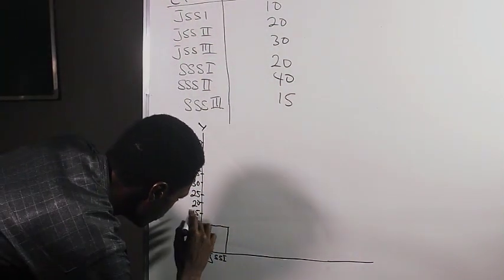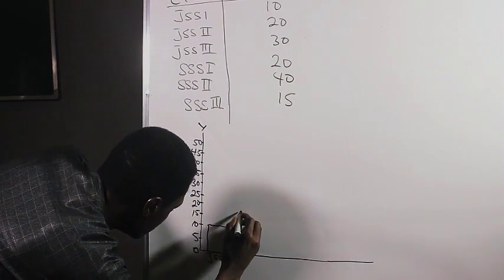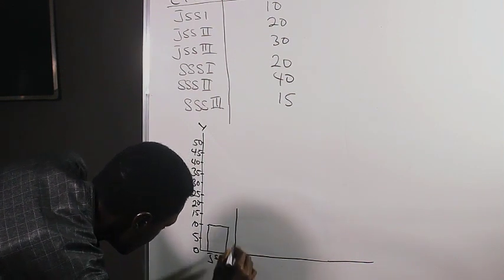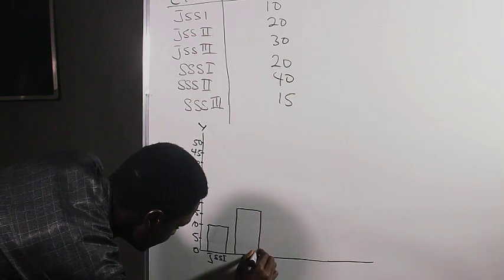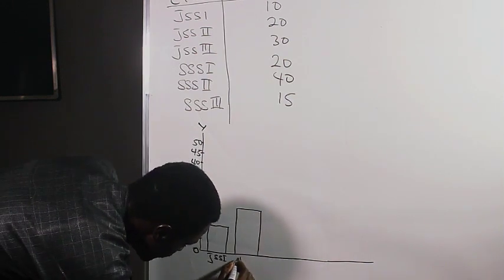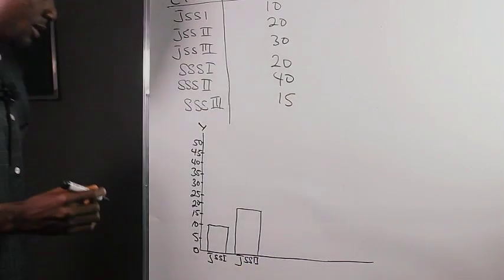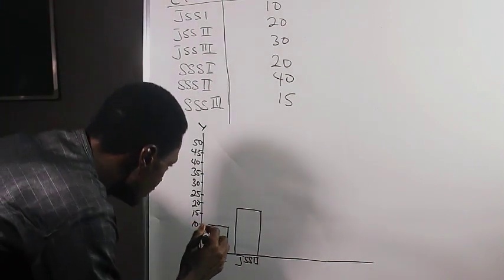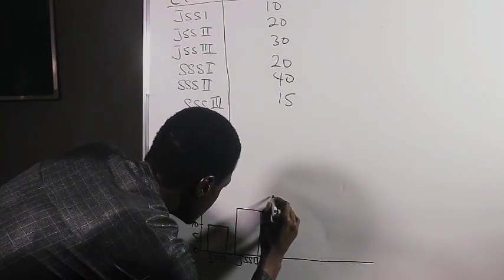Then we have to look for 20. 20 is here. Then we draw our bar here. So we have JSS2. Then the next one is JSS3, which contains 30 students. So JSS3 is here.